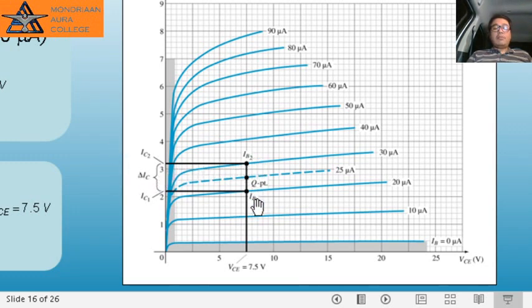We have IB1 and we have IB2. So nagva-vary daw sa pagitan ng IB1 at IB2 yung ating signal. And of course, kapag may variation tayo sa IB, may variation din tayo sa IC. So ang variation sa IB, that is delta IB. Ang variation sa IC is delta IC.